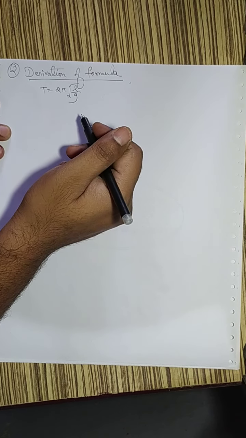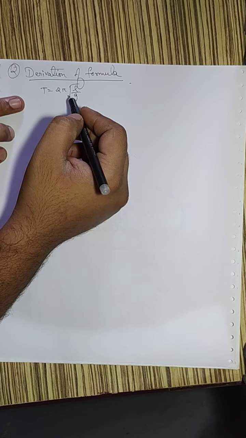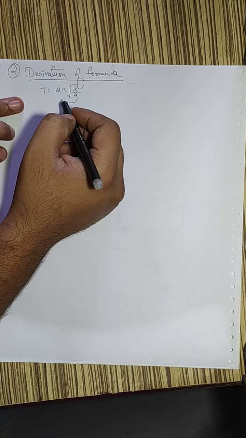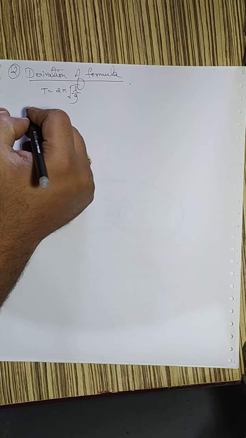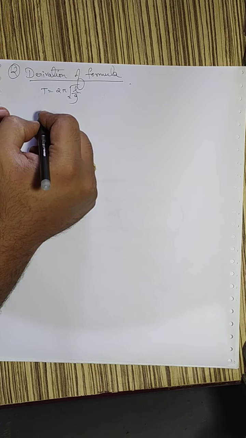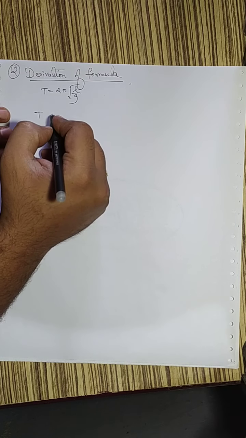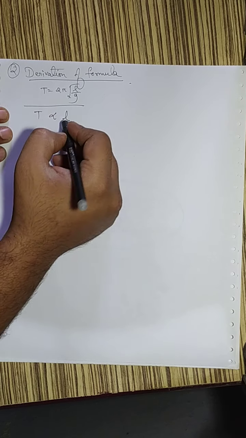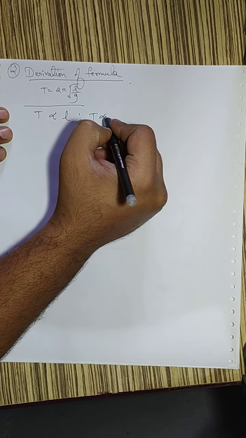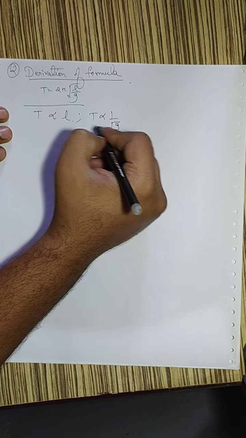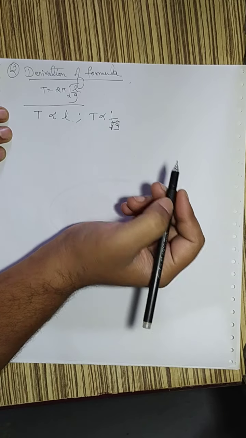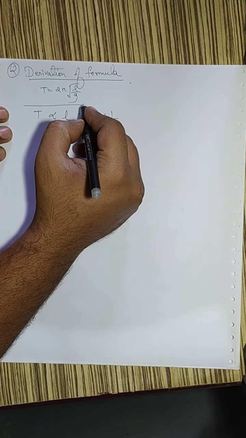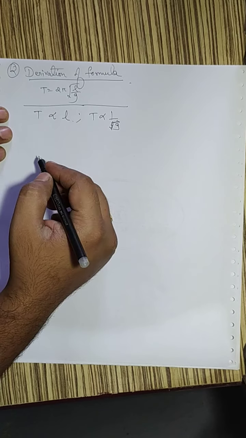From experimentation we don't get a direct conclusion of this form. From the experiment we get data like it has been found from the graph that time period is directly proportional to the length. It is also found that time period is inversely proportional to the square root of g, or let us say just g. So these are the two experimental data we have obtained.